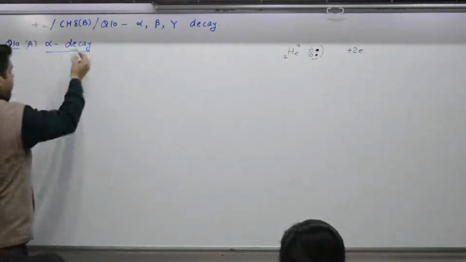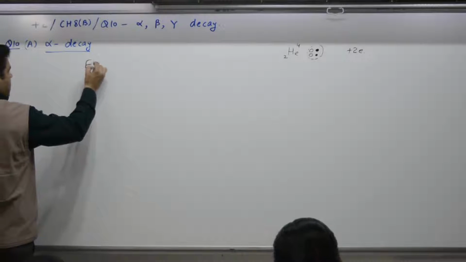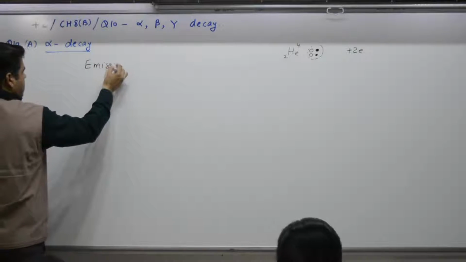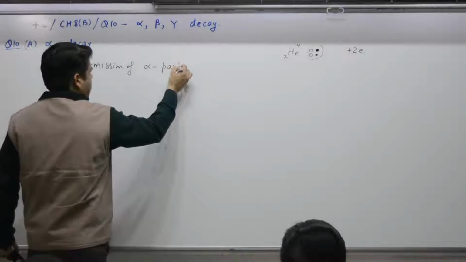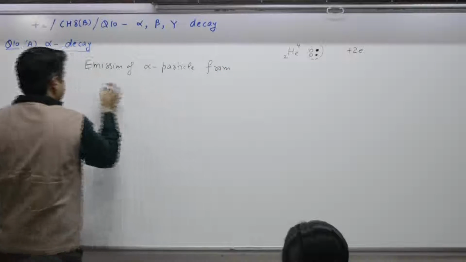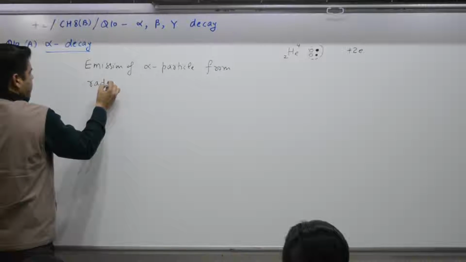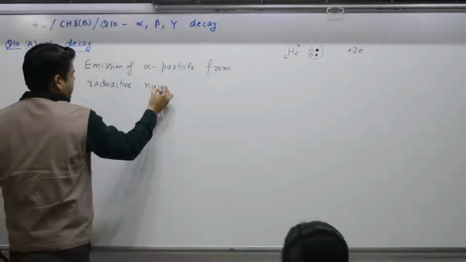What is alpha decay? The statement is: phenomenon or process of emission of alpha particle from a radioactive nucleus.